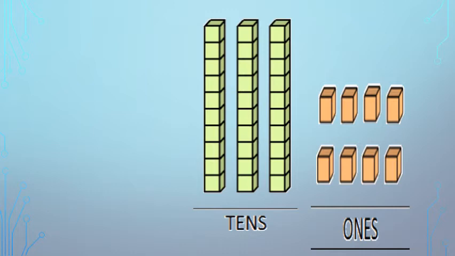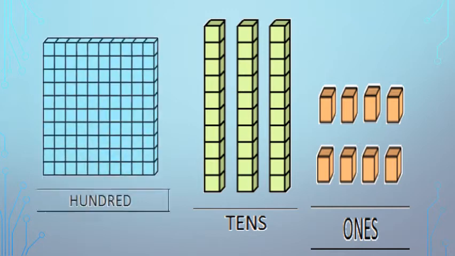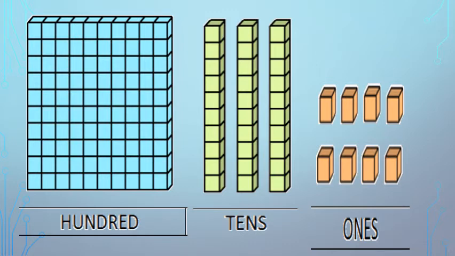Here we can see 3 tens. Got this? In one group there are 10 boxes. So here we can say that 3 tens are there. And see this, here 10 tens are together, so it became 100. Got this?